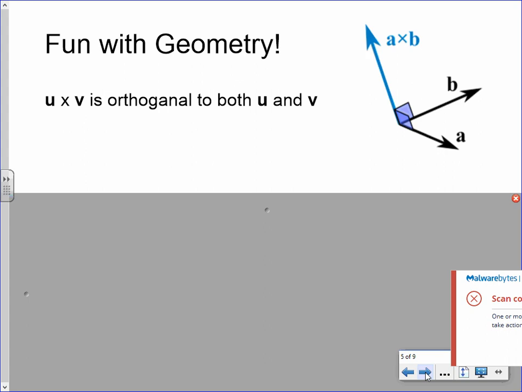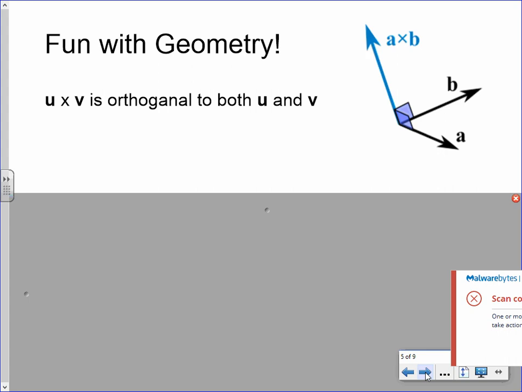What's nice about the cross product is that it creates a vector that is perpendicular to both of the vectors. I know I have A's and B's and B's and B's, but let's just imagine we have two vectors, A and B. When we take the cross product, it creates a vector perpendicular to both vectors.